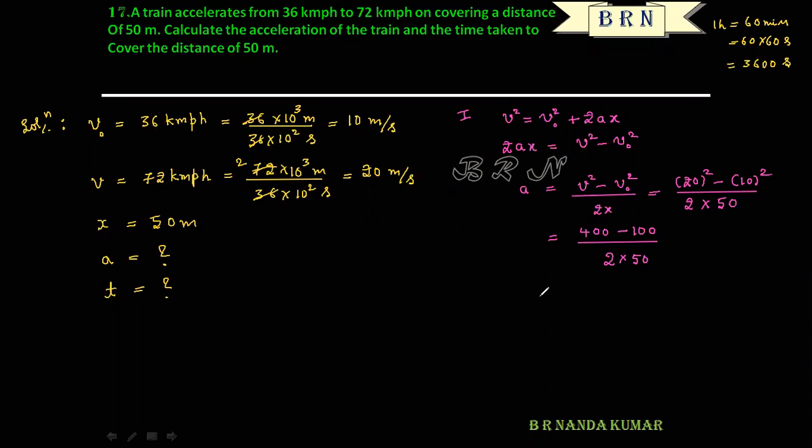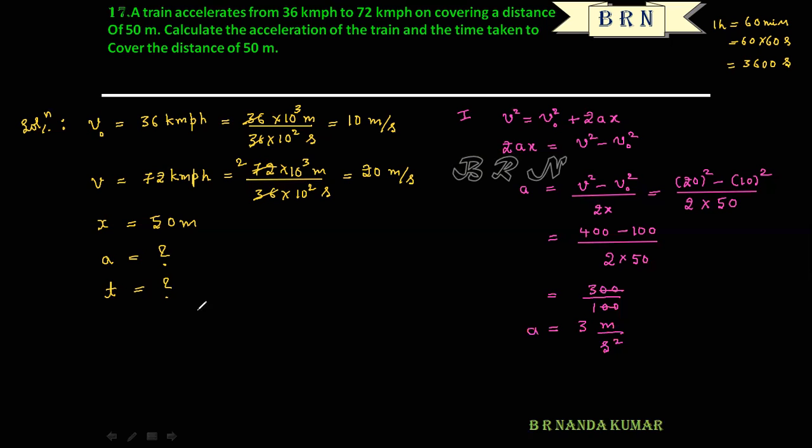Okay, so 400 minus 100 is 300, divided by 2 into 50, that is 100. So two zeros get cancelled. So finally we will get a is equal to 3 meters per second square. So what is this? Acceleration of the train.